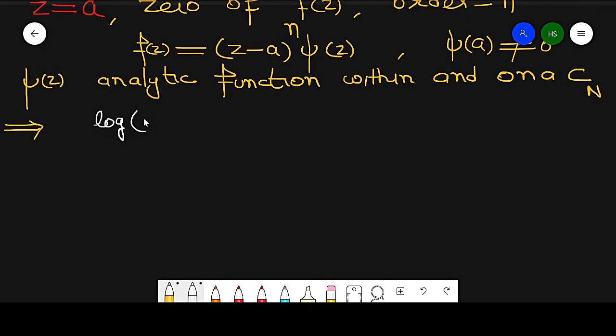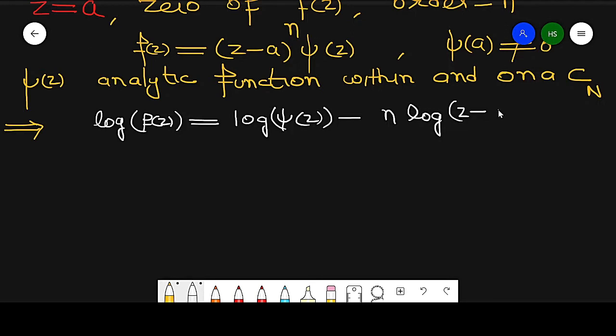So log of f(z) is equal to log of psi(z) minus n times the logarithm of (z minus a). Now the next step is to differentiate this equation with respect to z.